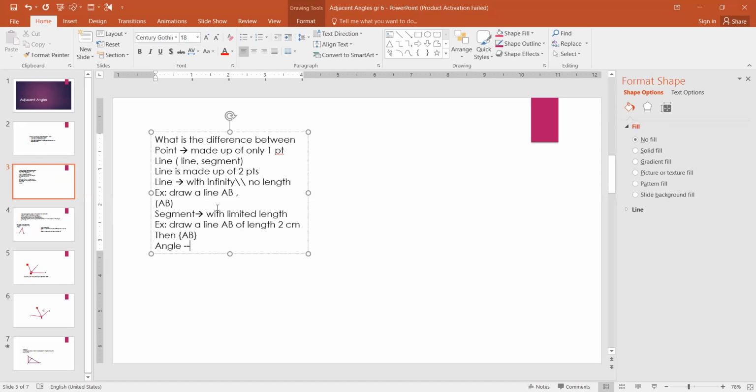Okay. Those two, whether the line or the segment, are measured by the centimeter. While the angle here is made up of 3 points.